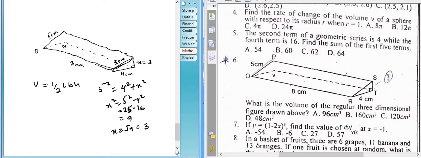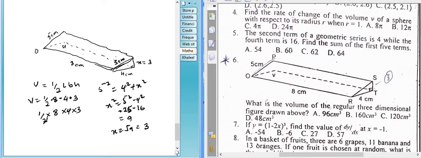Then the volume is equal to 1/2 times the length, 8 centimeters, times the base, 4 centimeters, times the height, 3. So 1/2 times 8 times 4 times 3.